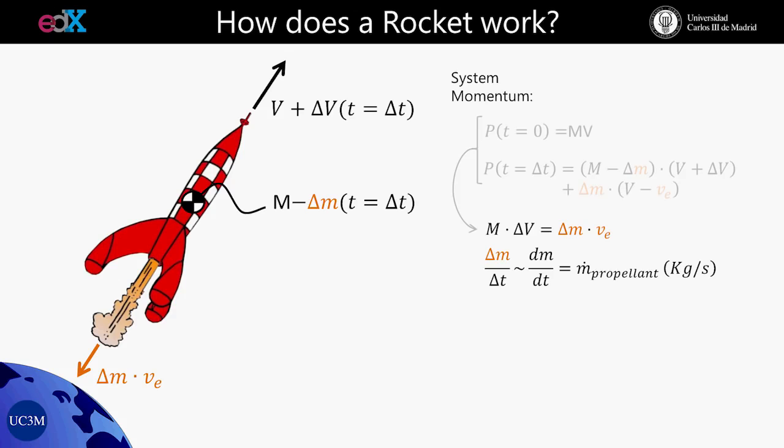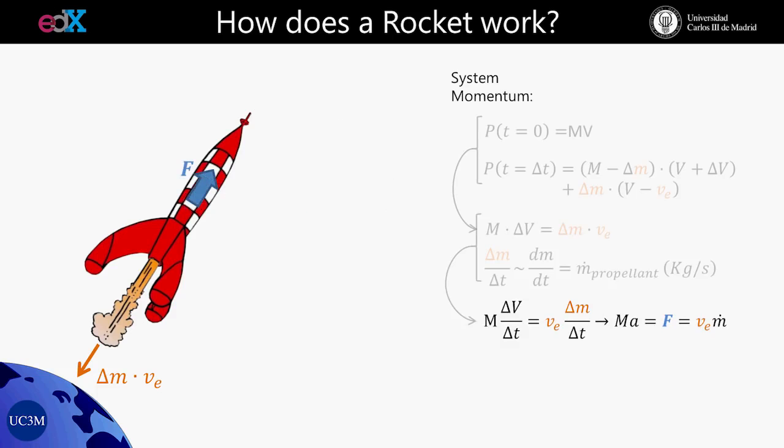Lastly, if we take the previous equation and divide it by a small time interval, delta t, as in here, remember that the change of velocity per unit time is the acceleration of the rocket, so we can write this expression in the limit of a small delta t as so. This equation states that Ve times m dot is the thrust force that we get from our rocket.